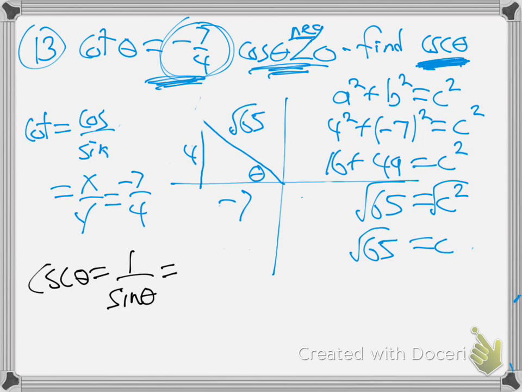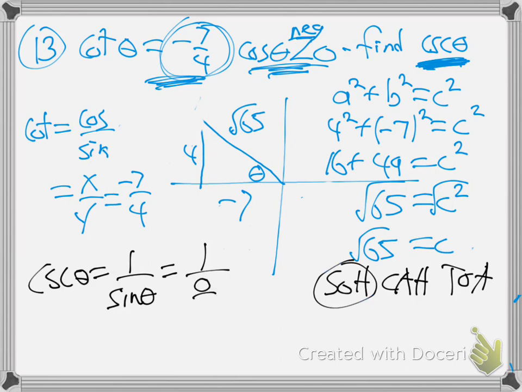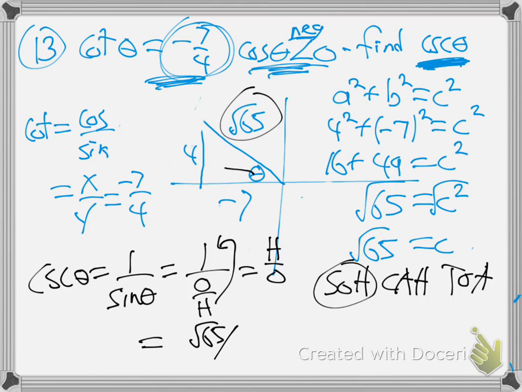From SOHCAHTOA, sine is opposite over hypotenuse. Flip it up there, it's going to be hypotenuse over opposite. So root 65 over the opposite, which from theta is 4. Root 65 over 4.